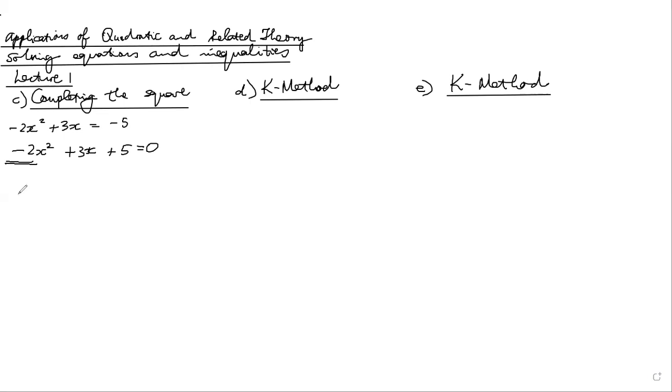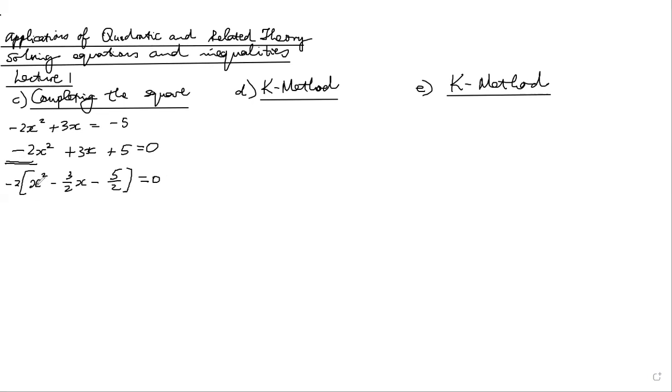The way we do that is we simply factorize out the coefficient of the x squared term. So that will be negative 2 into x squared minus 3 over 2x minus 5 over 2, close the bracket, equals 0.